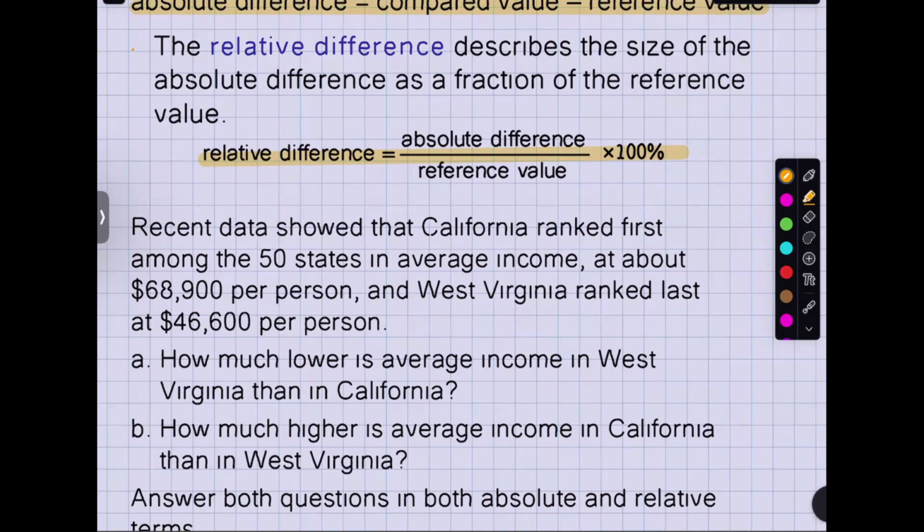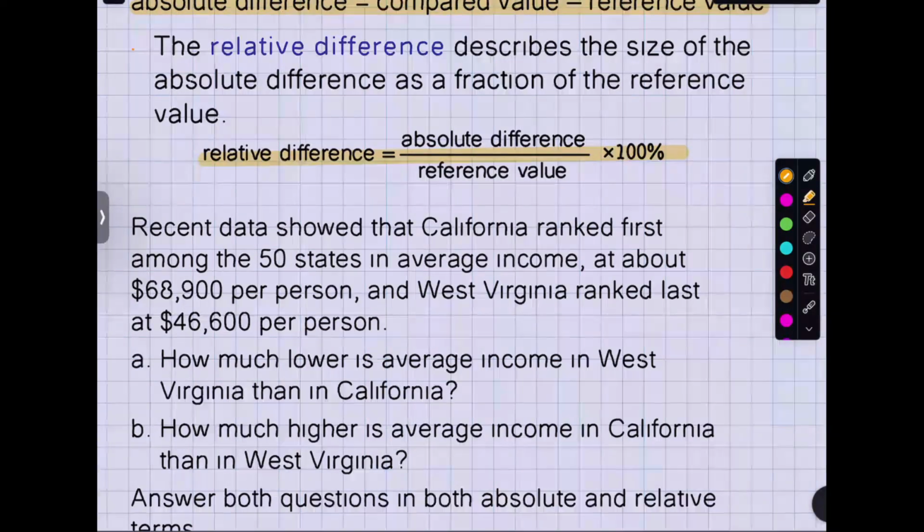right? Now, notice that part A. It says, how much lower is the average income in West Virginia than in California? So tell me what the absolute difference is and the relative difference is.